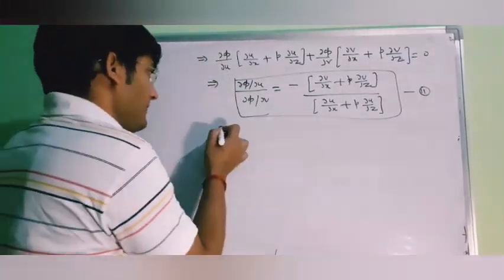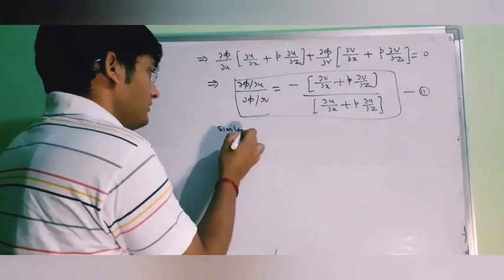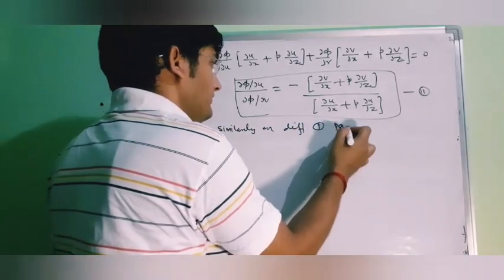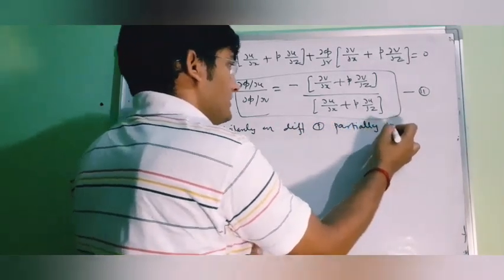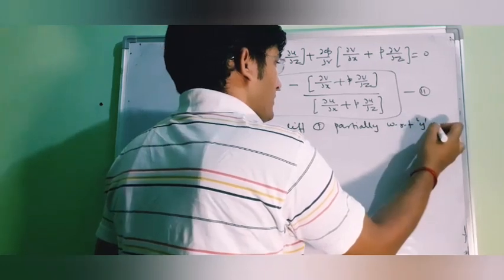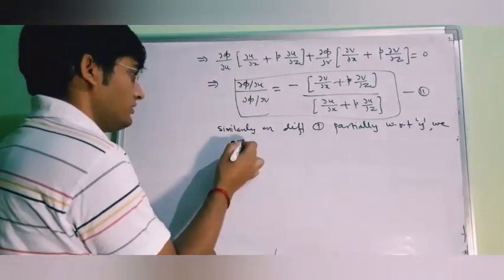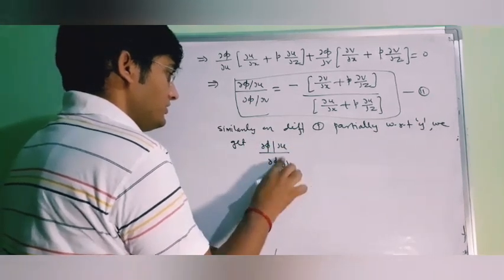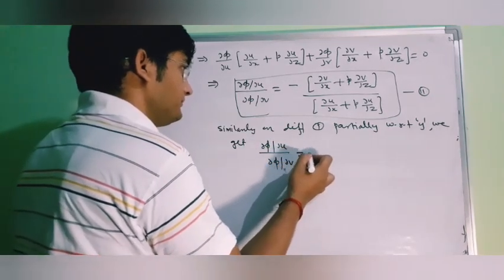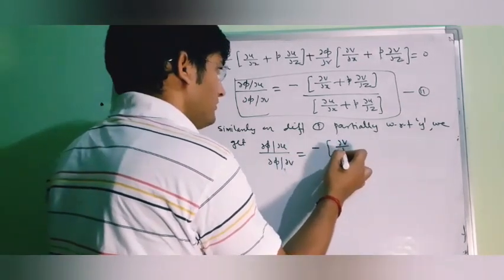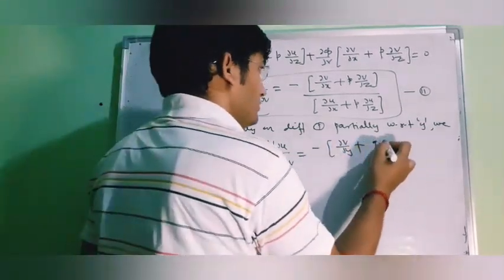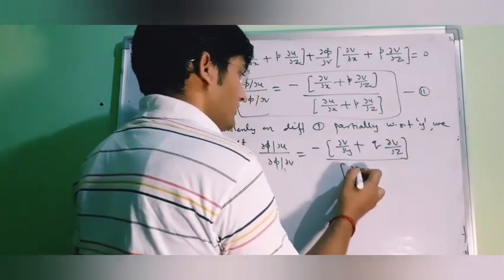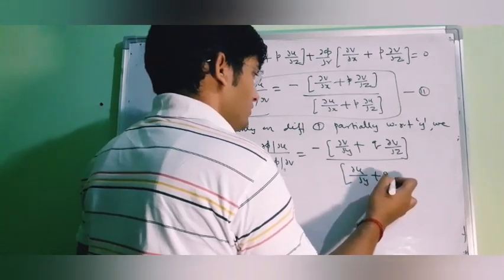So similarly, on differentiating 1 partially with respect to y, we get, the left hand side will be the same, and in the right hand side just replace x by y and p by q. So we will get this term. So here you will get ∂/∂y and then q ∂/∂z.